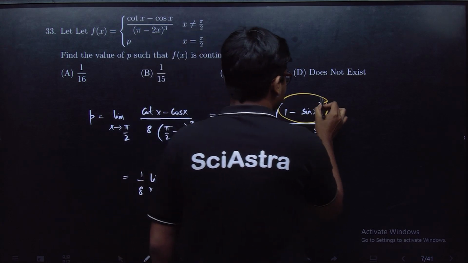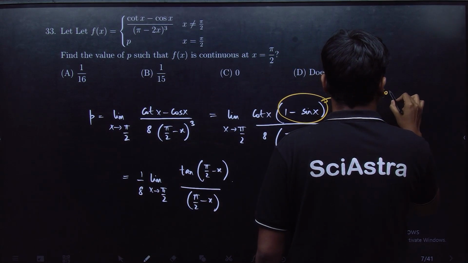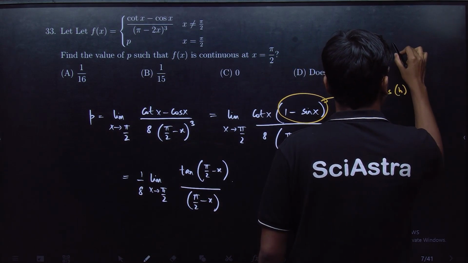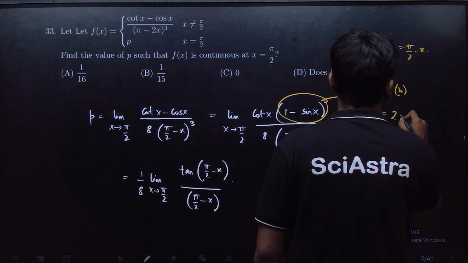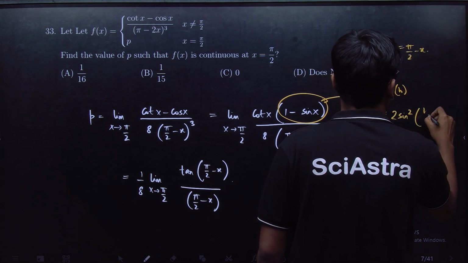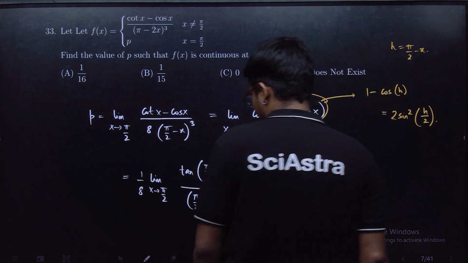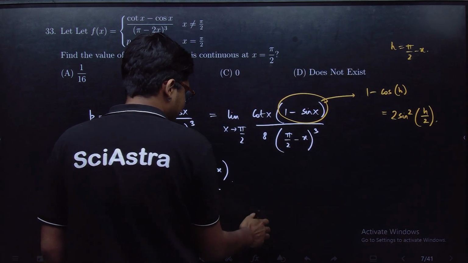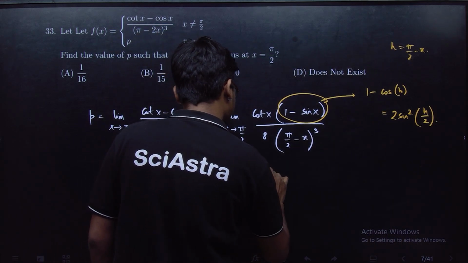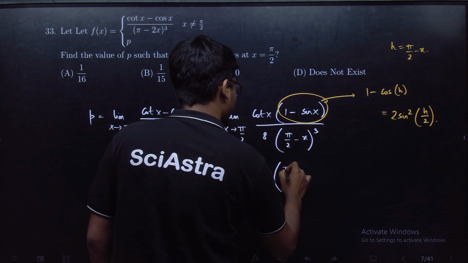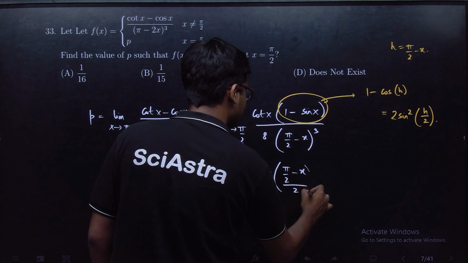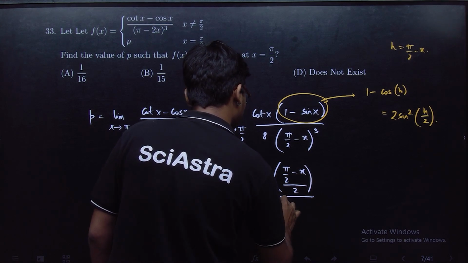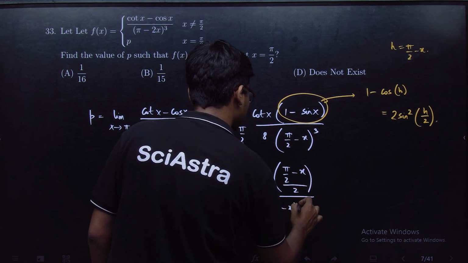So this part is nothing but 1 minus cos h, where h is nothing but pi by 2 minus x, okay? So this becomes 2 sine square h by 2, right? So the second part will basically turn into 2 sine square of (pi by 2 minus x) by 2, divided by (pi by 2 minus x) whole squared.